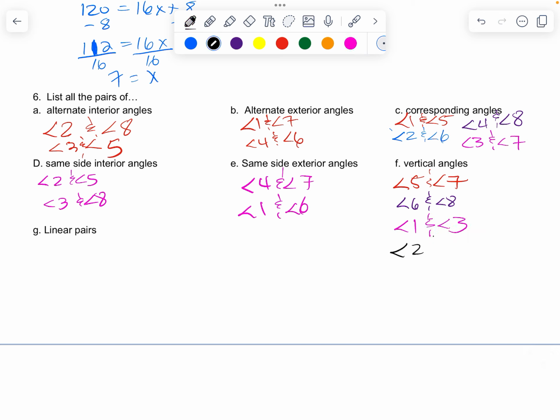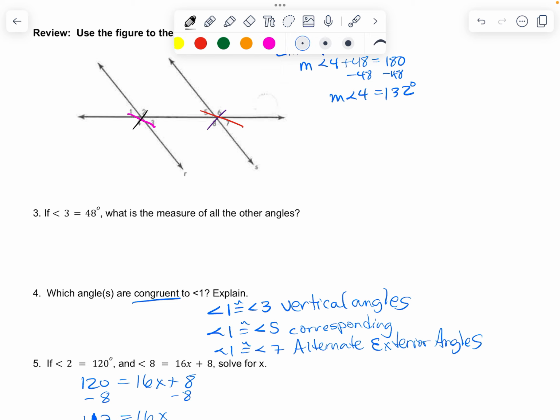And then it wants the linear pairs. So, my linear pairs. Oh, that last one I should probably do red.